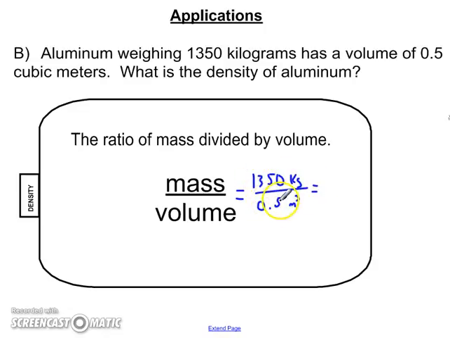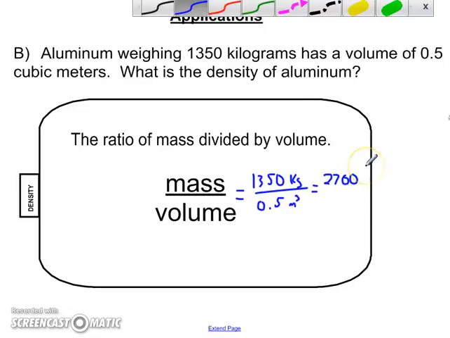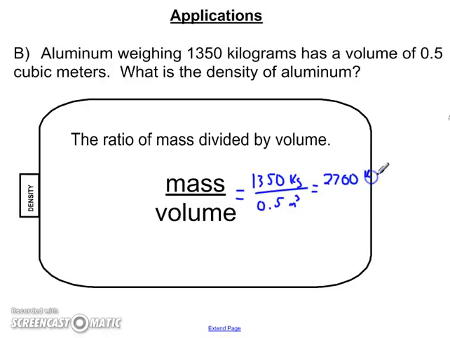If I divide the top and the bottom by a half, well, the bottom would technically be a 1, and then 1,350 divided by a half is 2,700. I'm going to go ahead and get rid of the 1 in the bottom. And this would now be in kilograms per cubic meter.